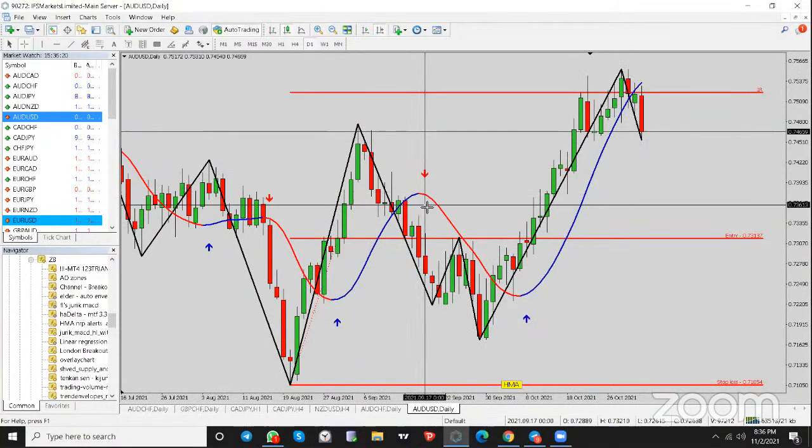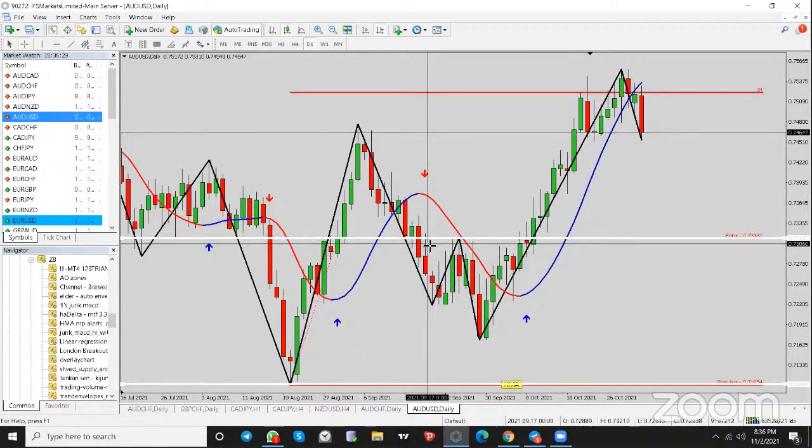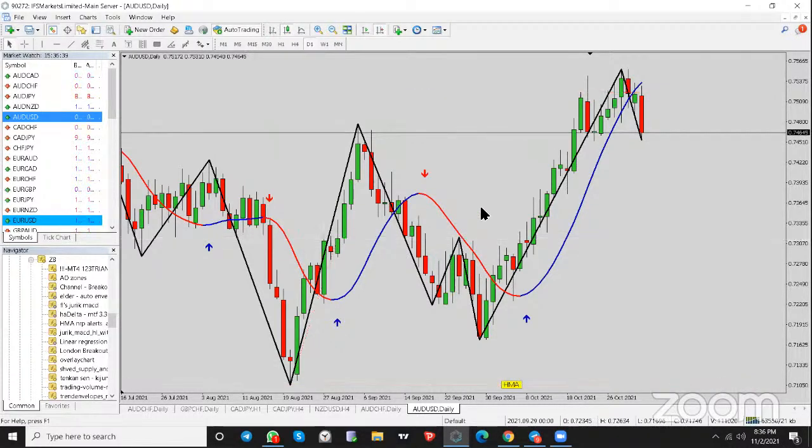Now, when this opposite signal is generated, the stop loss is placed here because it's the nearest and somewhat the furthest. And this will be considered a break-even entry, because eventually price does touch it. So this is the way I did my back testing.